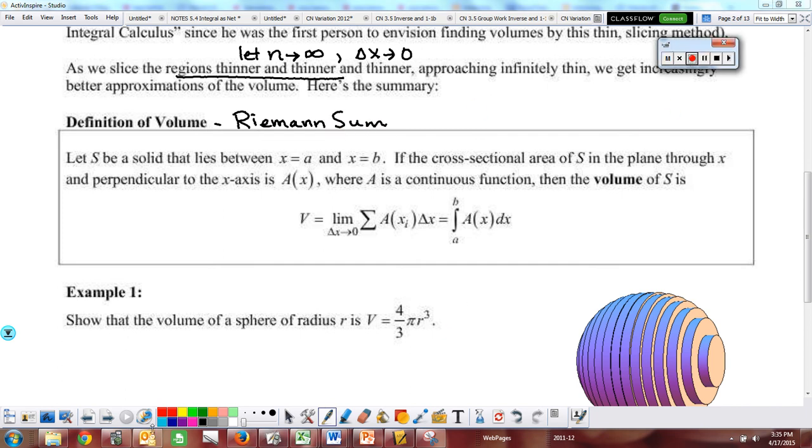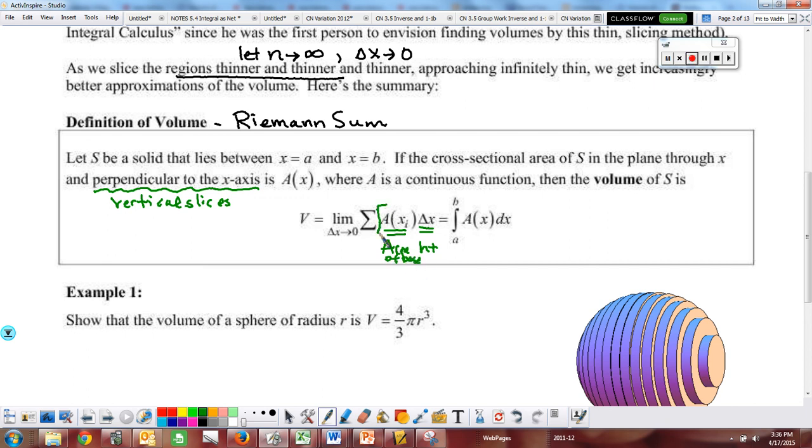All right, so the formula that we're going to look at is for when we're slicing perpendicular to the x-axis, just like we're doing above. When I slice perpendicular, I'm slicing vertical slices, so we know that the width of the prism, or basically the height of the prism, is going to be delta x. So there's the height of your prism. Then this A of x sub i represents the area of the base of the prism.